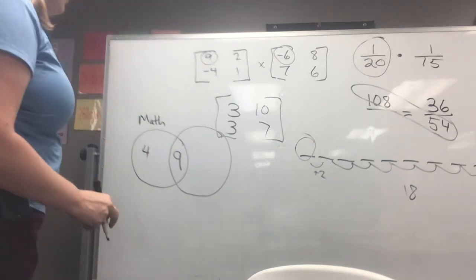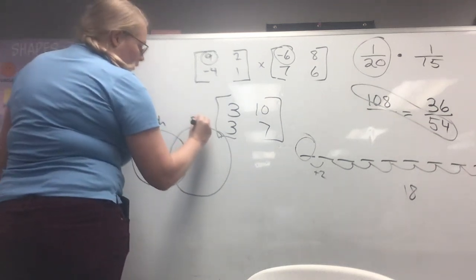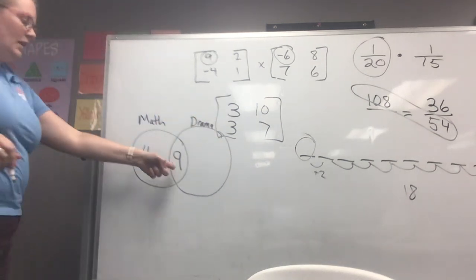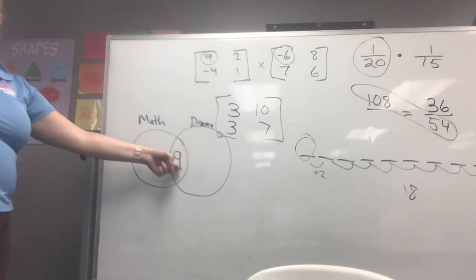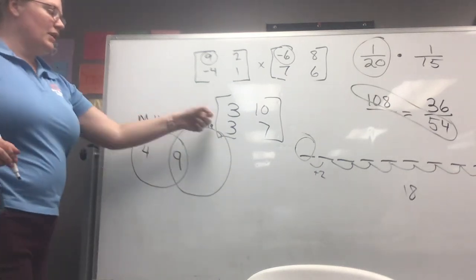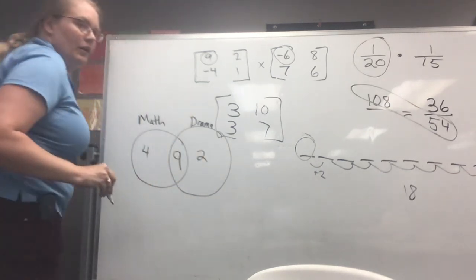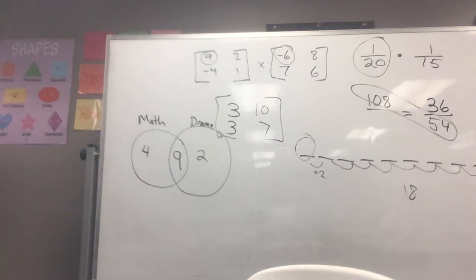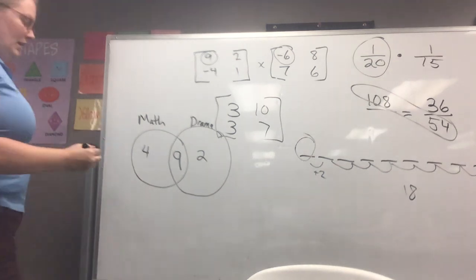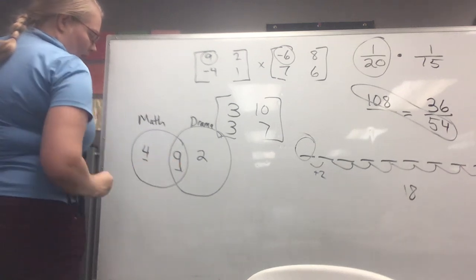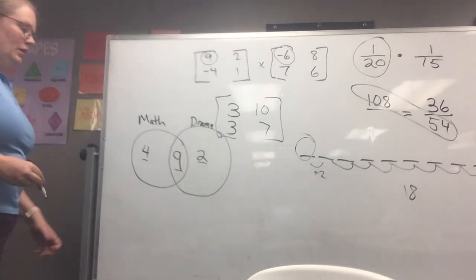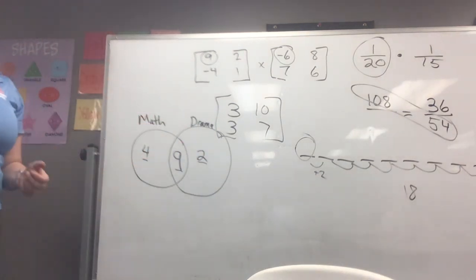And then 11 are members of the drama club. But again, 9 are already taken care of in our both. So if it's 11 in drama, there's only 2 that are just drama, not anything else. And then here, 9 and 4 and 2, how many in total are going to be contained in our clubs?